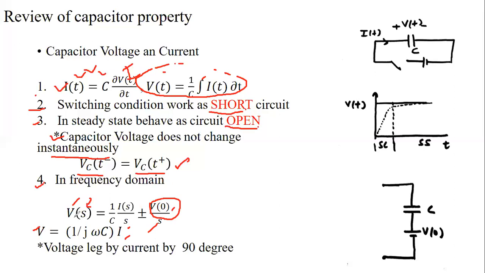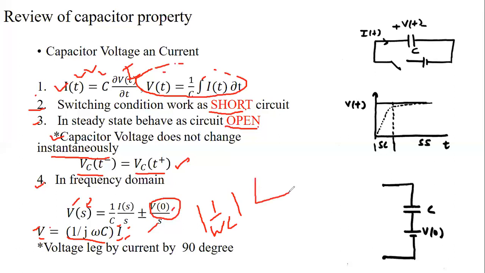For simplicity, V(s) is represented as V and I(s) is represented as I. So see here, the voltage across the capacitor in the frequency domain is related to the current as 1 upon j omega C into I. If we take the magnitude of this term, 1 upon omega C is the magnitude, and this is known as the reactance of the capacitance, and 1 upon j provides the phase of minus 90 degrees.